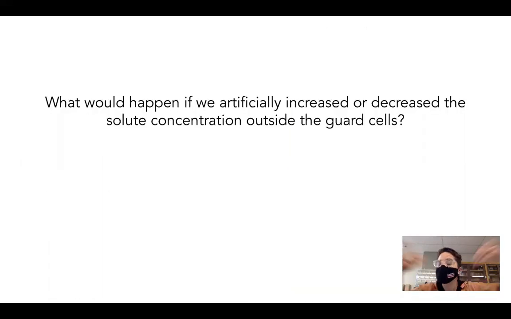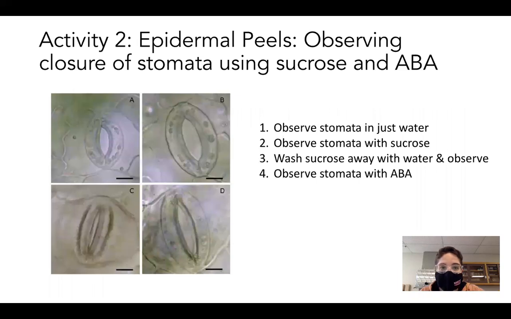So if we put a bunch of potassium surrounding the stomata, what will happen? And so this leads us into activity 2, where we're going to be taking epidermal peels and observing the closure and opening of stomata using sucrose and ABA.